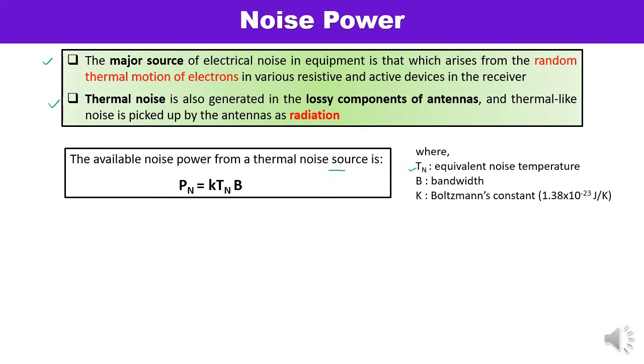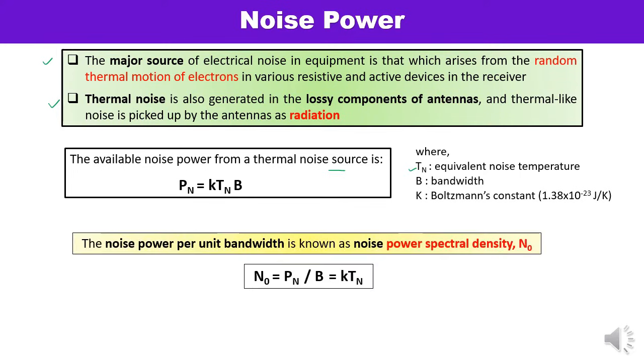At the same time, you can also calculate the noise power spectral density, which is the noise per unit bandwidth. It is denoted by N0, and N0 is Pn upon B, which is equal to K into Tn. This is the noise power spectral density, in watt per hertz.